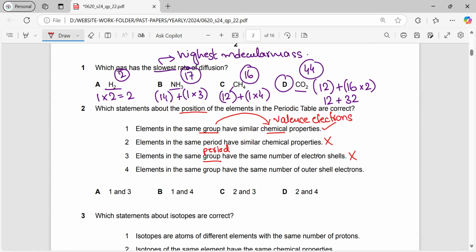The group number tells us the outer shell electrons, not the shells. Number 4. Elements in the same group have the same number of outer shell electrons. That's correct. That's what we discussed in point number 1. That's why their chemical properties are also the same. So option B, 1 and 4 are correct.